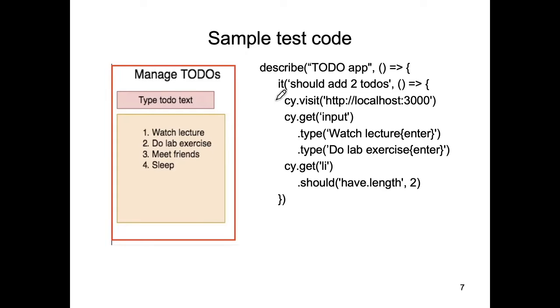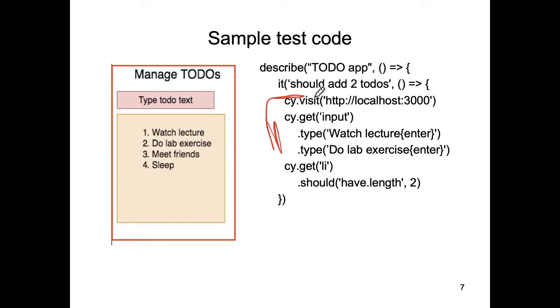Now, the Cypress part then is this stuff here. So, okay, it's the first time you've seen any Cypress code, but what's nice about it is it's kind of declarative. The very first Cypress statement, its effect is to navigate my browser to a particular URL.